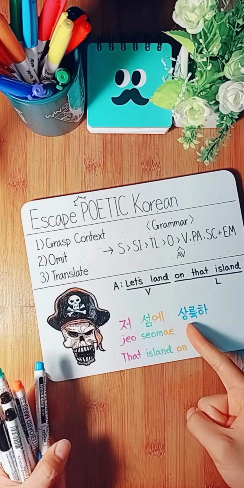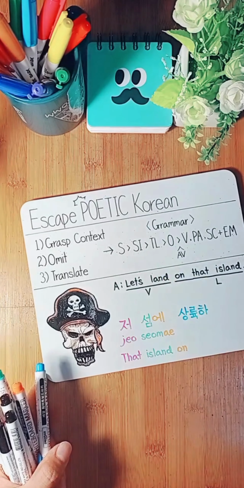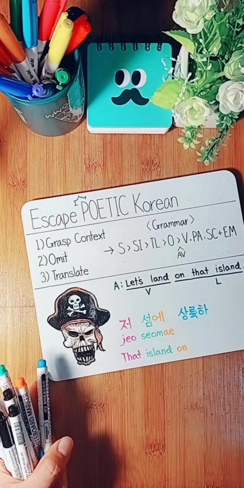So how would I say land? 상륙하다 in its actual form, simply present tense. Let's go to inflection route number 1.